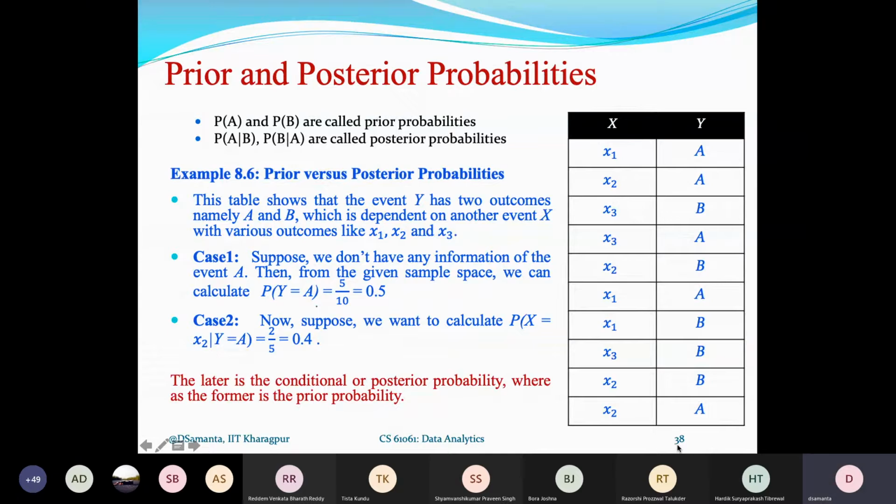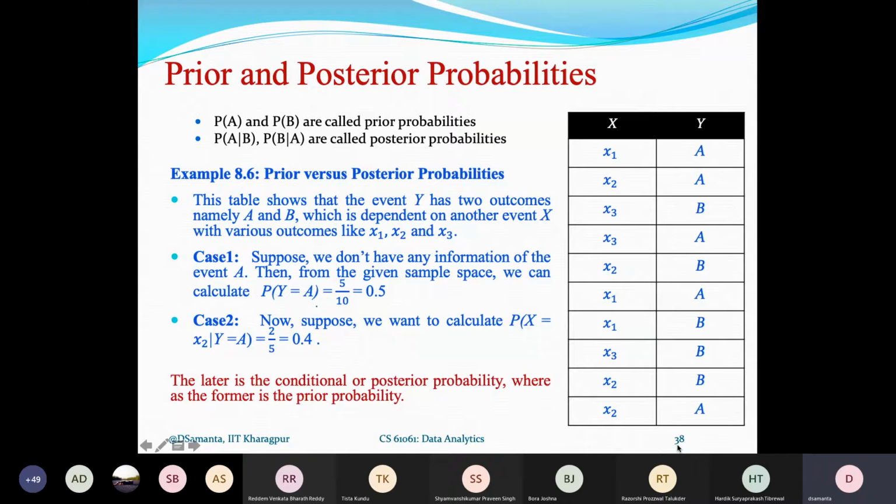Now, how can prior probability and posterior probability be calculated? That is what I want to discuss. If we denote PA and PB, then you can understand what they mean.